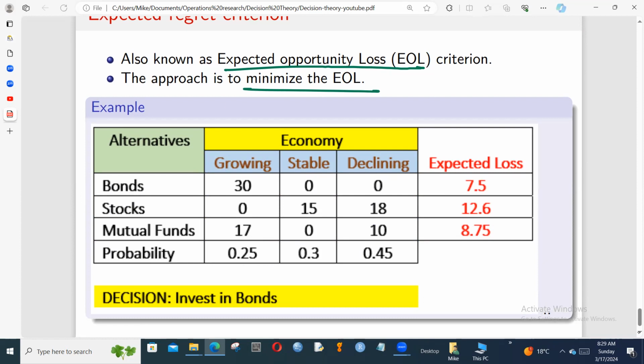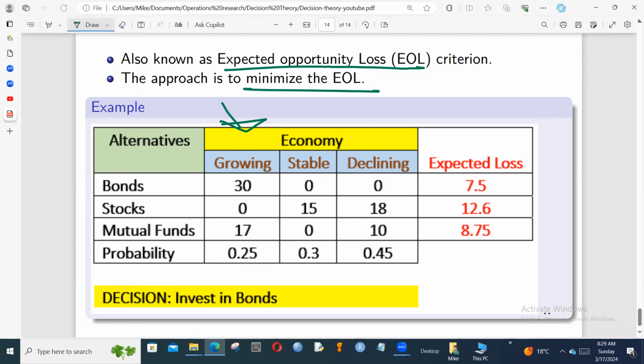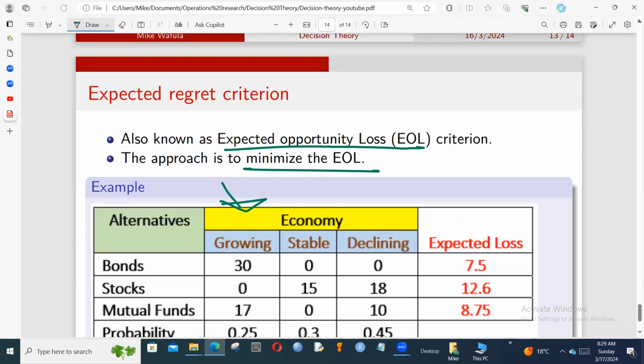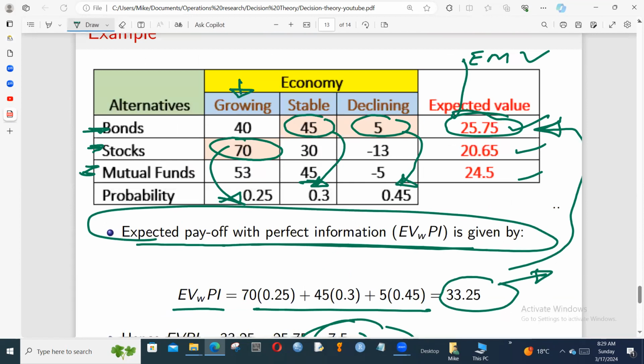We use the regret table. This is the same regret table that we created before for this problem: this is 30, this is 70 minus 70, 0, this is 70 minus 53, 17. The regret here is 0, 30 is 15, this is 0.